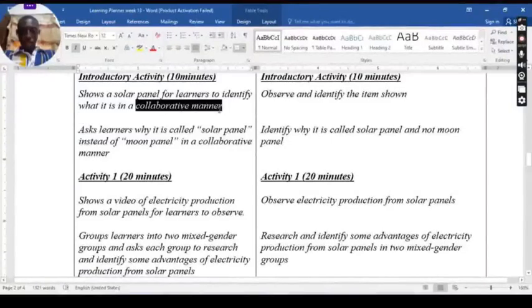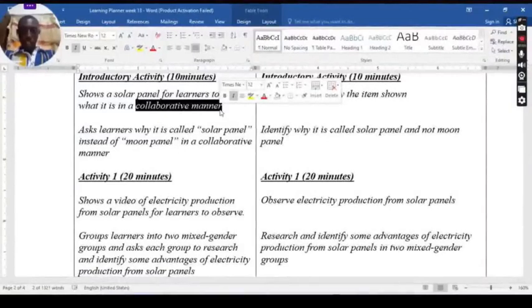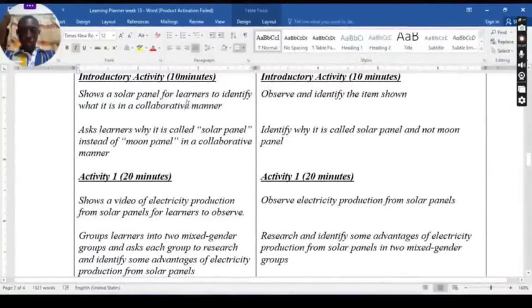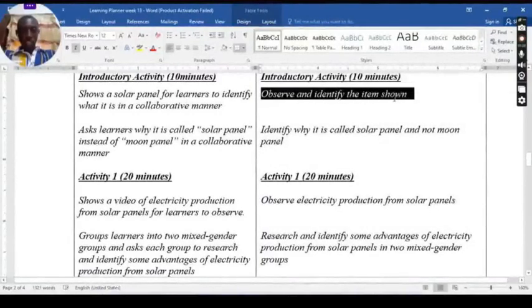You see, I've used another pedagogical strategy that I mentioned in the pedagogical strategy section. I've used the next one, collaborative approach or manner. So the teacher shows a solar panel in a collaborative approach. The corresponding response is observe and identify the item shown.